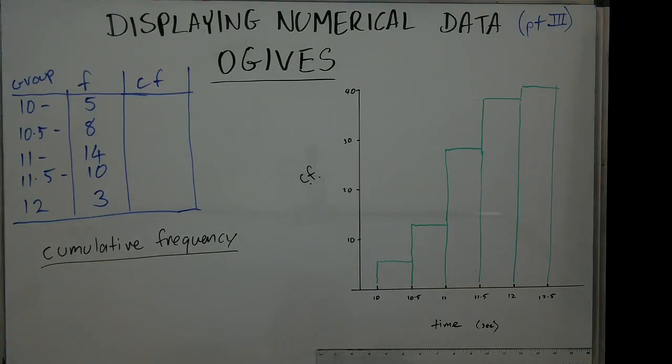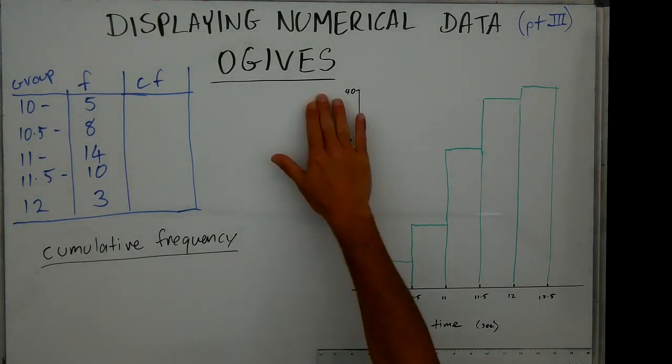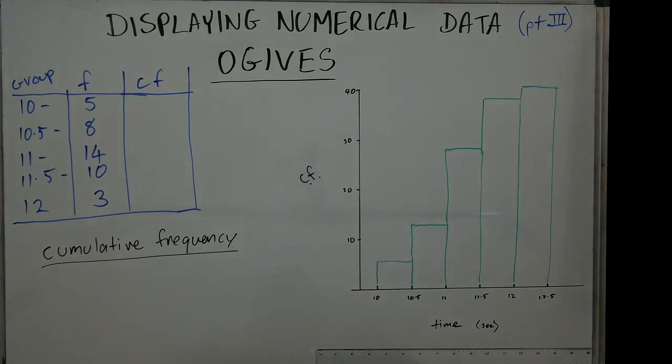Okay, welcome back to Displaying Numerical Data Part 3, and this time we're looking at a type of graph known as an ogive. That's the way to pronounce it, ogive.